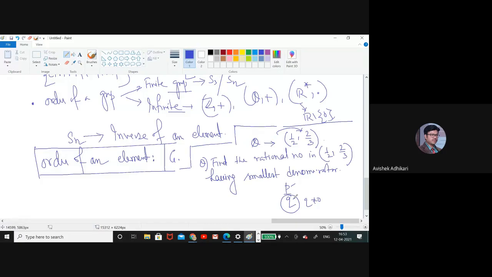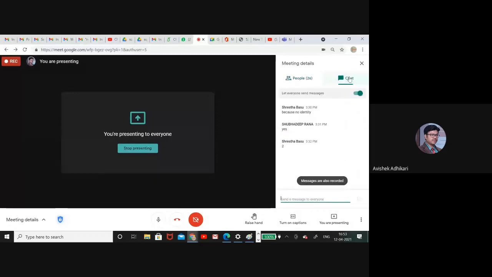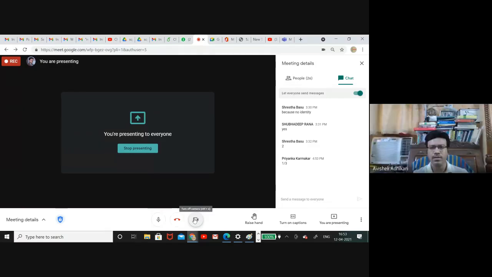It should be the smallest denominator, but it should also lie within this interval. In the chat box, quickly give me your answers. Is the question clear to all of you? Yes, it is an open interval. Somebody says 1 by 3. Let's see what the answers are.